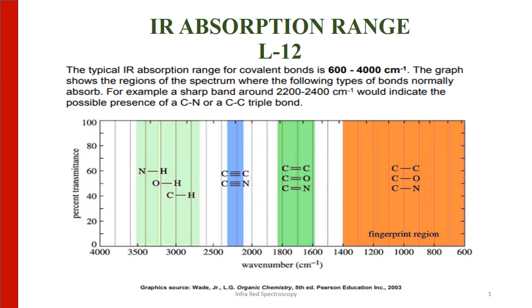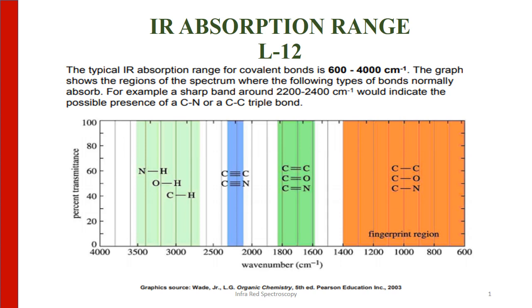Above 1600 per centimeter, carbon double bond carbon, carbonyl bond, nitrile bond, hydroxyl bond, different types of amines, different types of carbon and oxygen bonding, and different types of hydrogen bonding will give you different types of spectrum. The band can be sharp and strong with high intensity, can be medium, or can be low intensity.